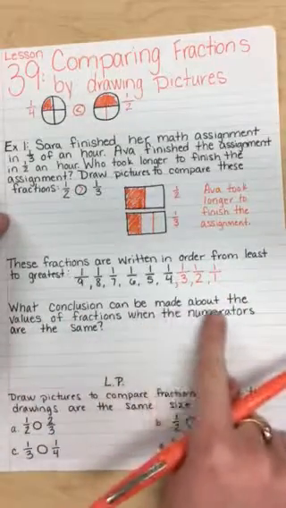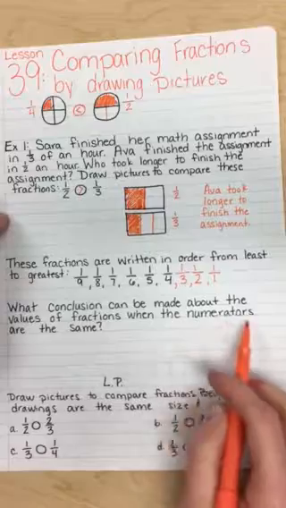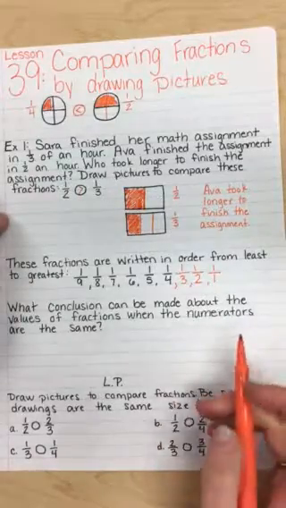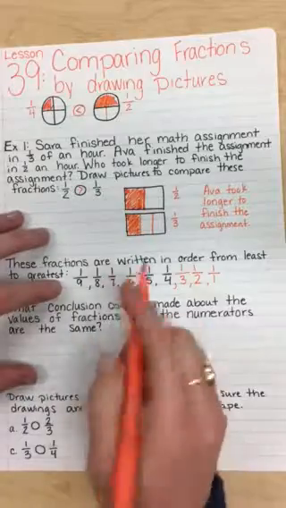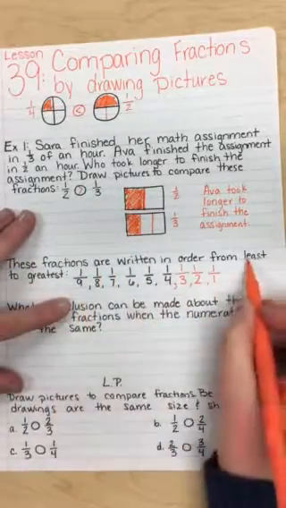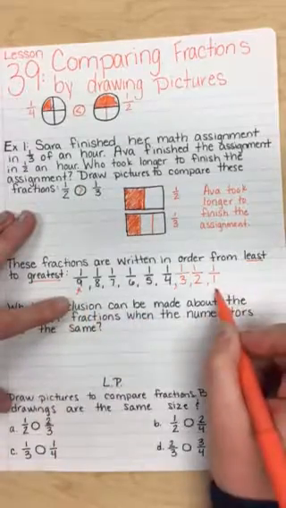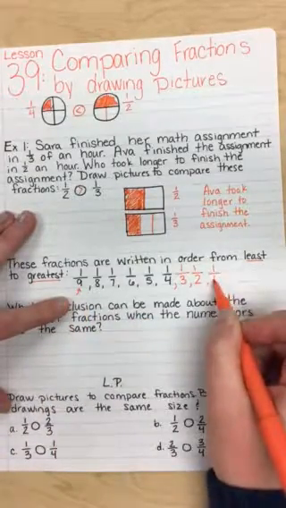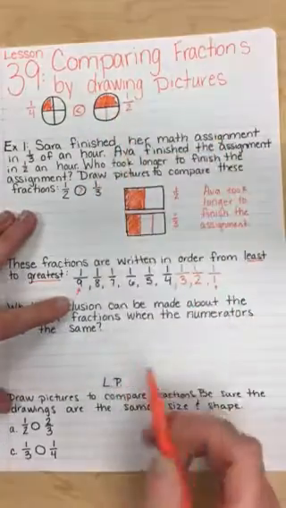All right, so look at the pattern. What conclusion can be made about the values of the fractions when the numerators are the same? So the numerators are the same. What's the numerator? 1. And then look at the denominators. All right, so if these are written from least to greatest, you know 1/9 is the smallest, and this is 1 out of 1, so 1 out of 1 would mean the entire thing is shaded, right?